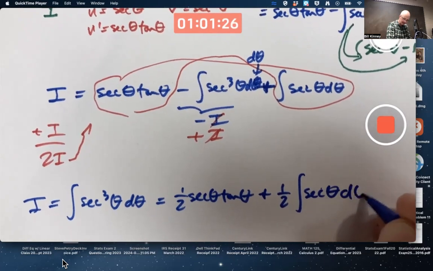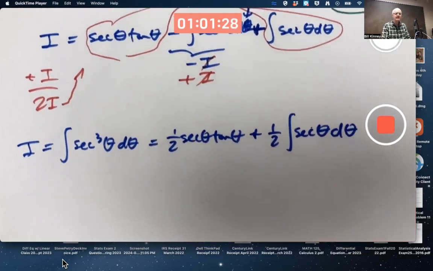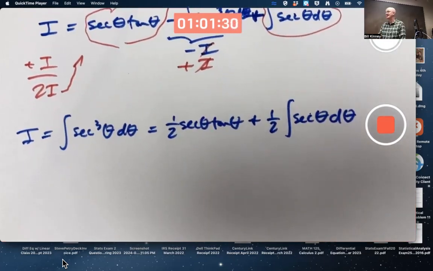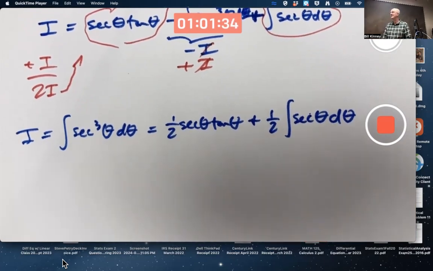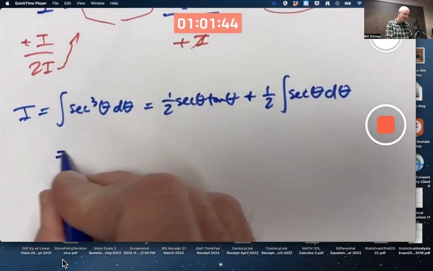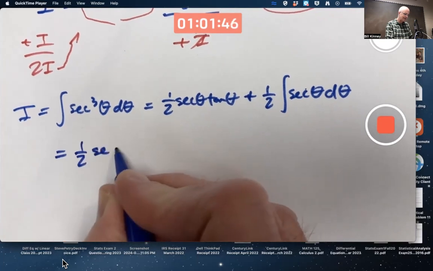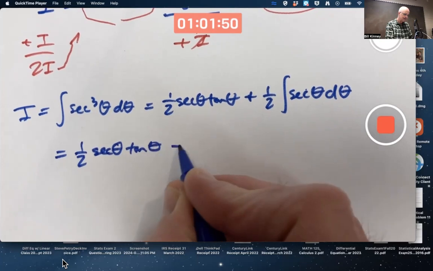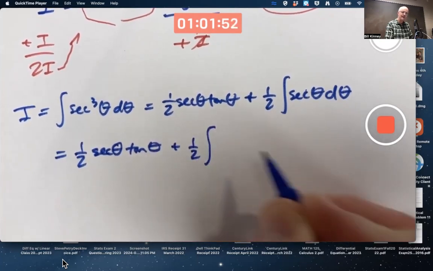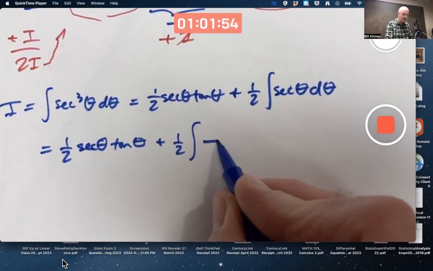This is progress. Still not done, but it's progress. At least it's a lower power of secant now. Where's my favorite trick? Right now. I'm going to rewrite that integral to be the integral of a certain fraction.